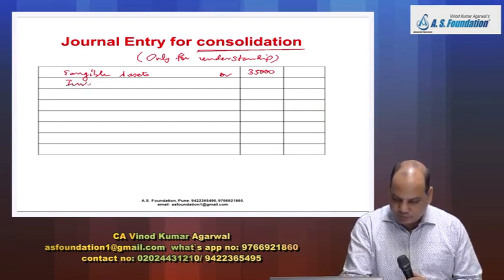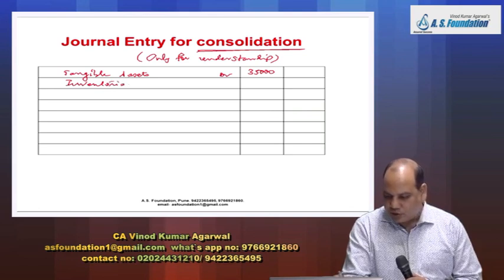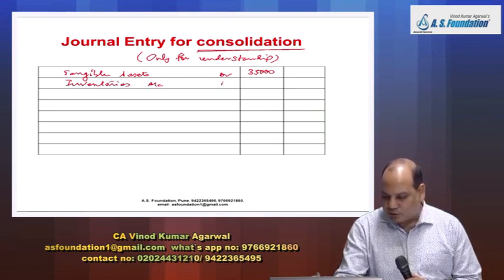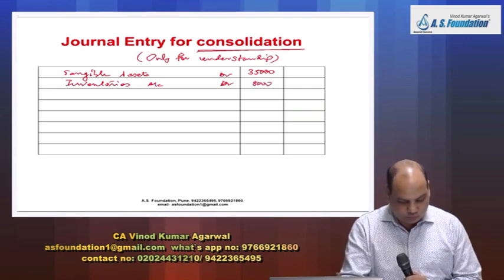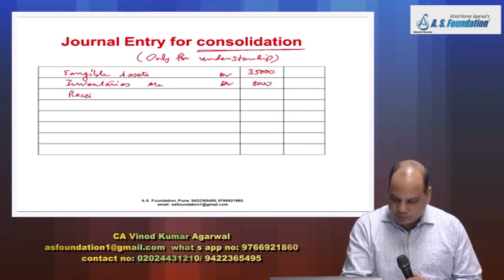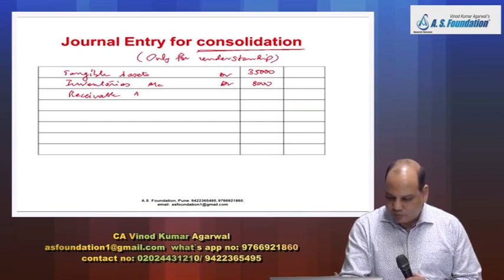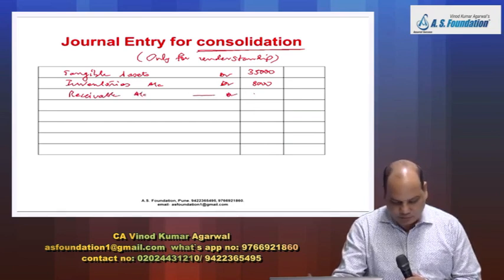Yes or no? If you understand this entry, you will understand the logic of consolidation. 8,000. Then receivable account debit. How much is that? 9,000. Keep one line blank.